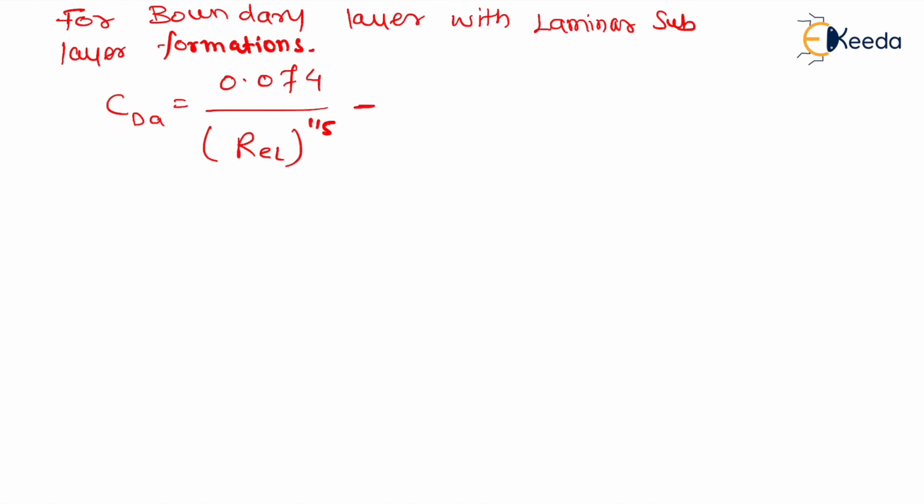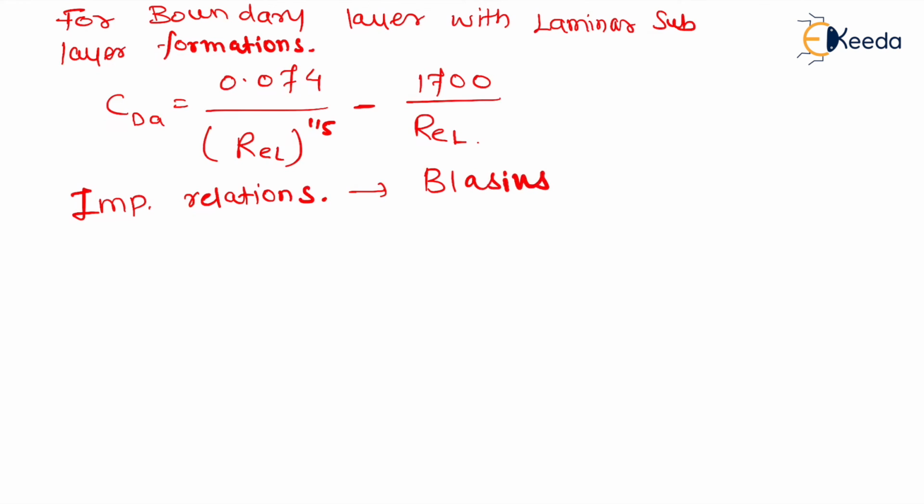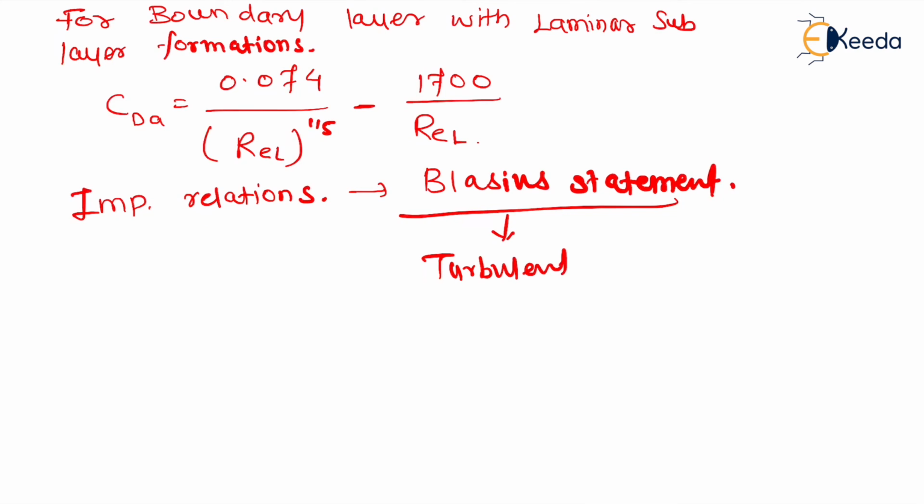This was for the regular turbulent case, minus something, and that something is 1700 upon Re_L, that is, 1700 divided by the Reynolds number at distance L. So we have a total of 3 important relations according to Blasius's statement, and these relations are for the turbulent boundary layer.